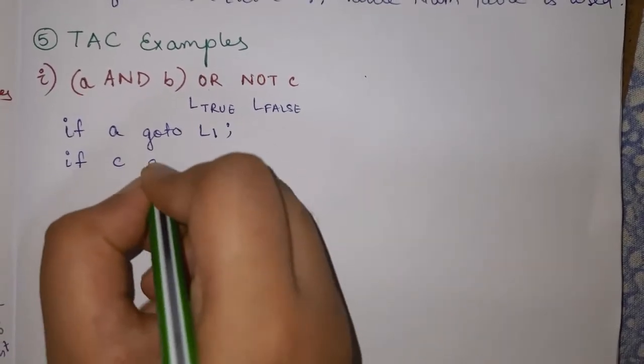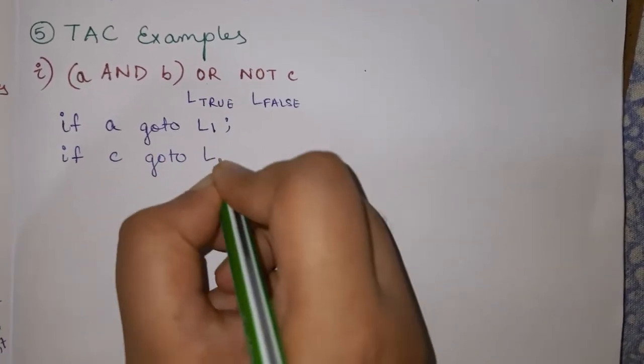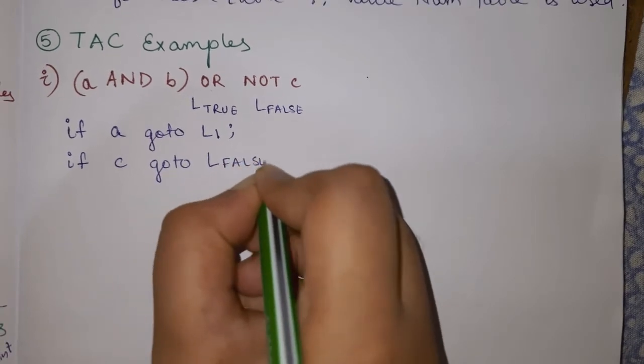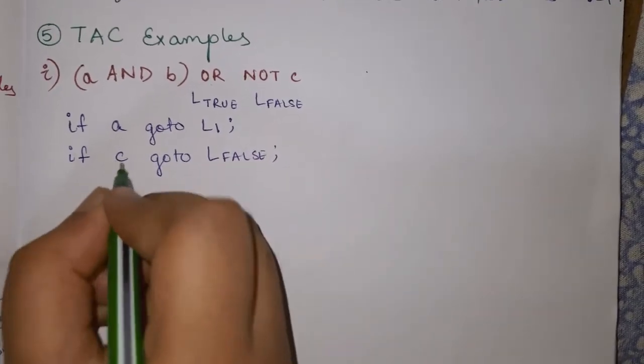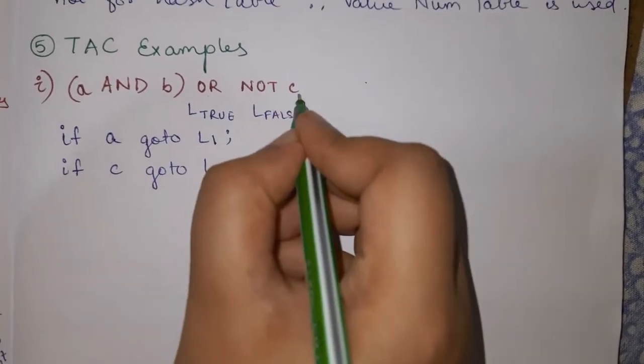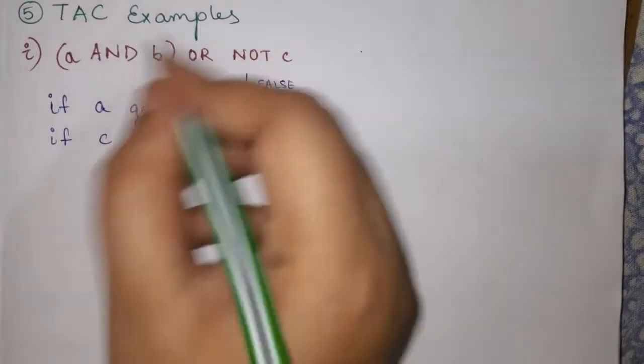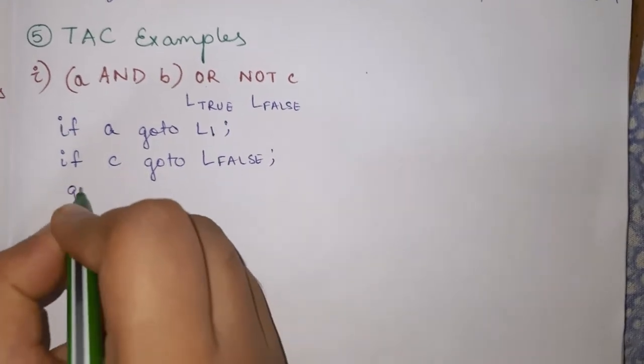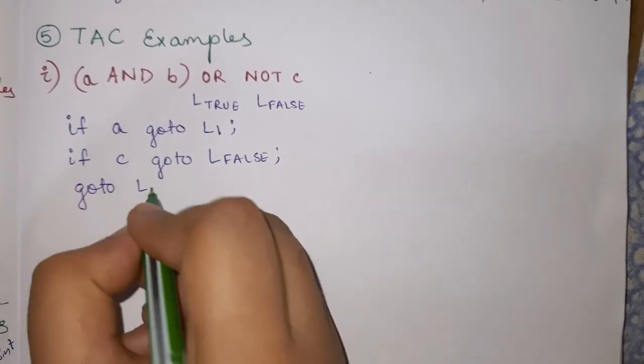Therefore, if C is true, then go to L false. If C is false, then not C is true, and OR true means the whole expression is true. Therefore go to L true.